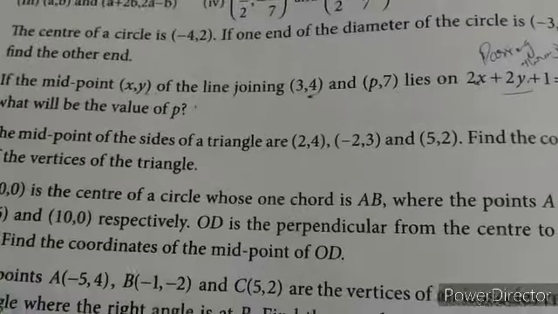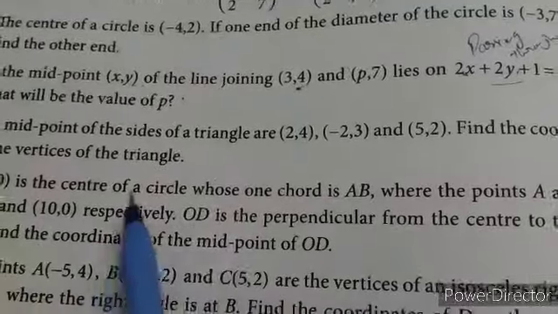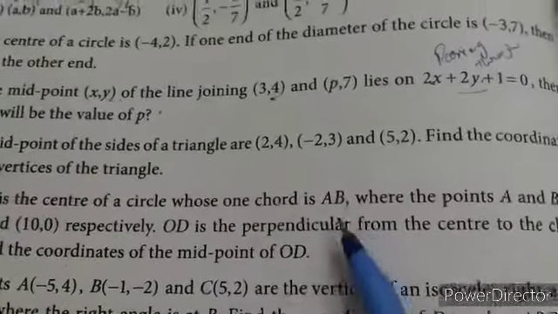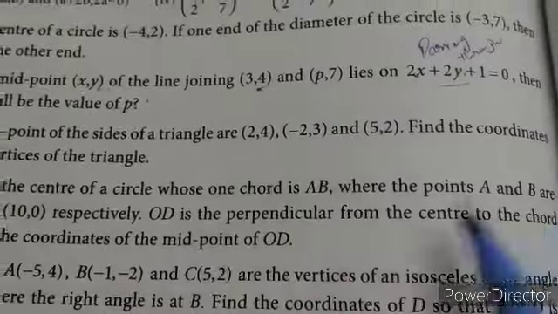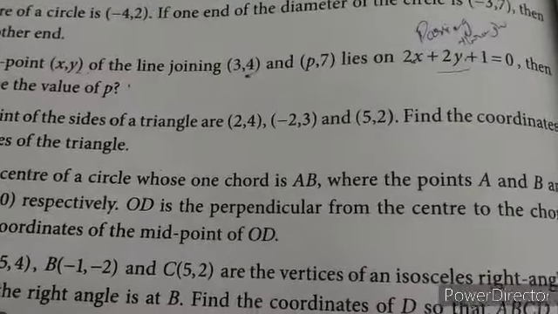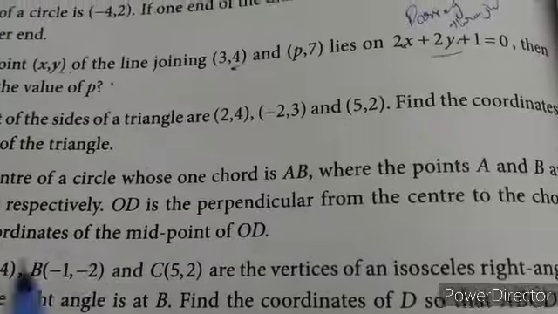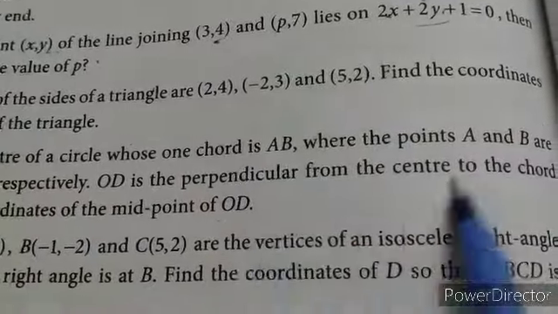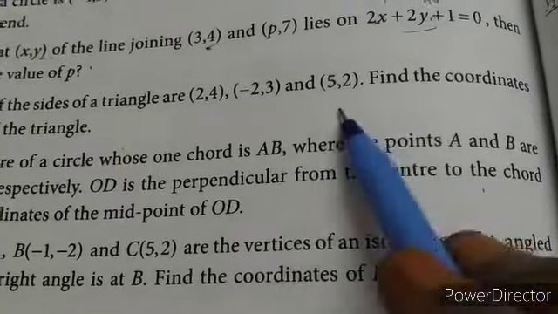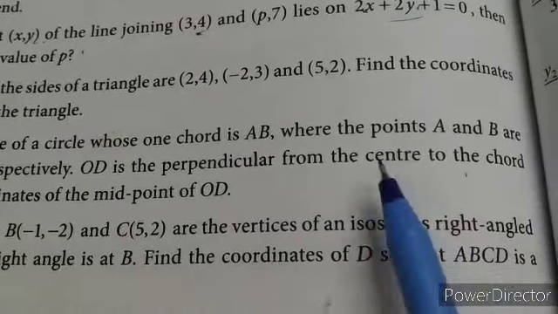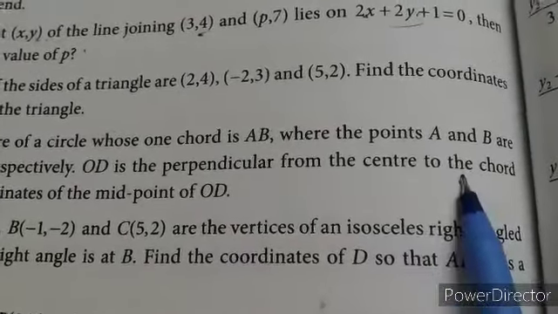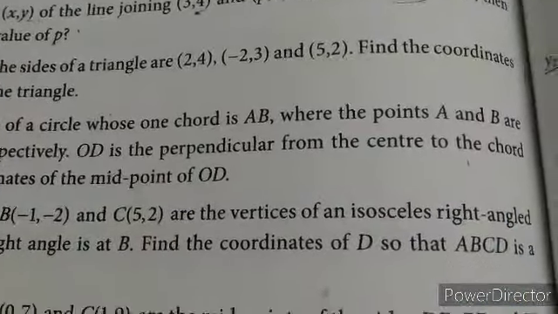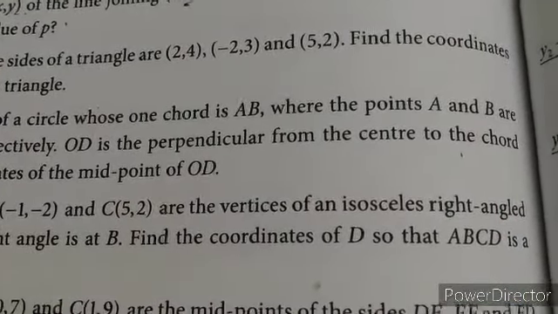Wait, let's move to question number 5. O(0, 0) is the center of the circle, whose one chord is AB, where the points A and B are given as (8, 6) and (10, 0) respectively. OD is the perpendicular from the center of the circle to the chord AB. Find the coordinates of the midpoint.